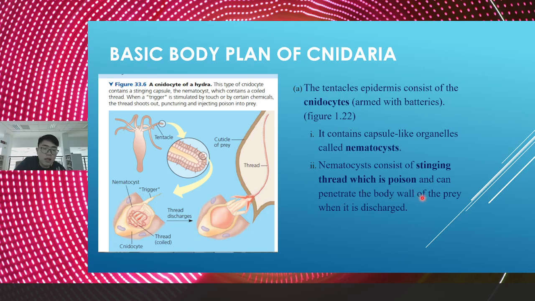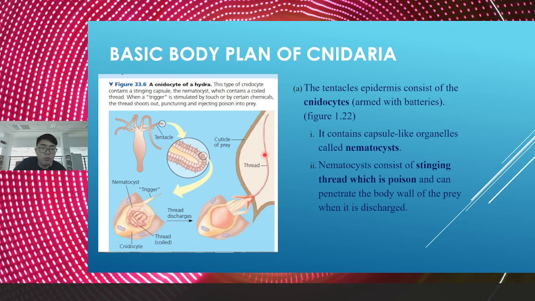Like humans, if we touch the tentacles of this organism, the thread inside the nematocyst will be discharged. It is released out. If it is not discharged, it is all coiled inside the nematocyst. If it is activated and discharged, it will go straight in and penetrate the body wall of the prey.